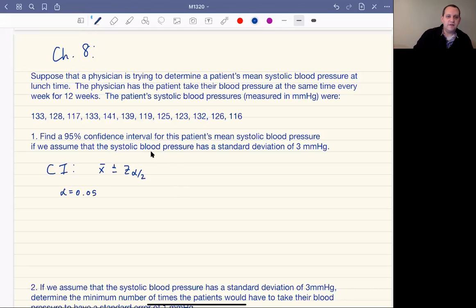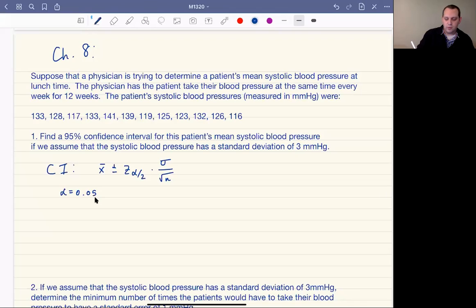So that means we have a 0.95 confidence or 0.05 significance. That's multiplied by the population standard deviation divided by the square root of the number of data points that we have, which in our case is 12. So our confidence interval is the mean, which we'll figure out in a second, plus or minus this value.